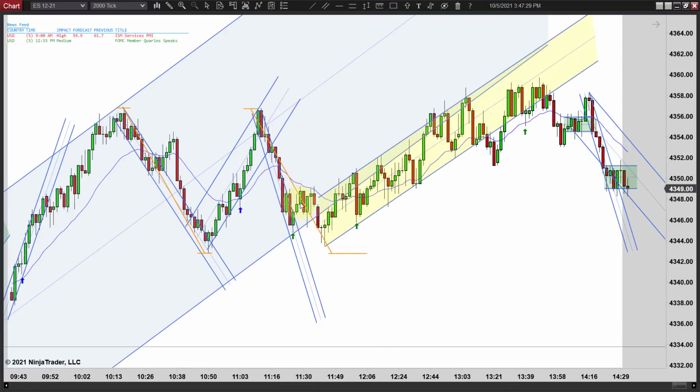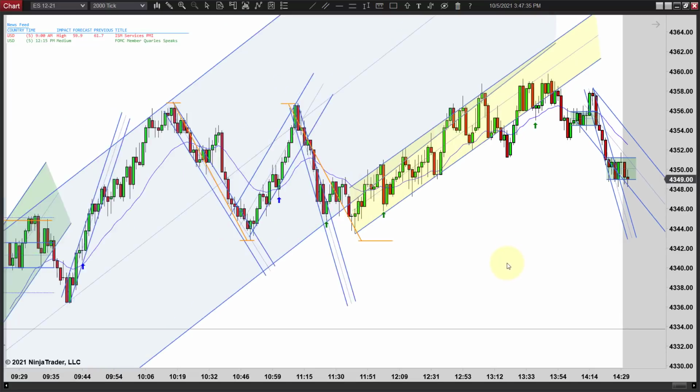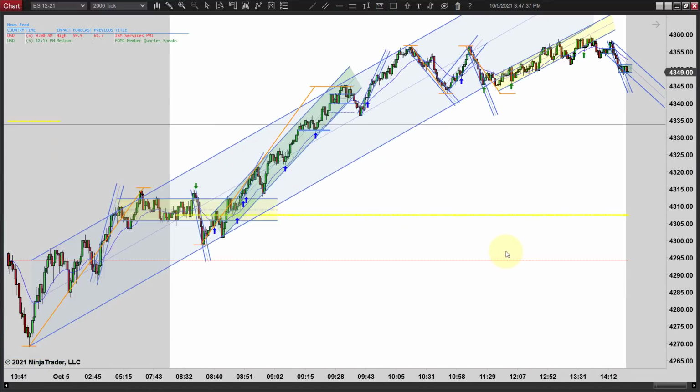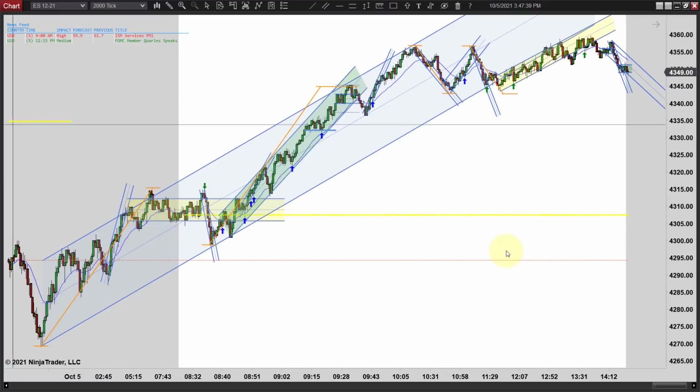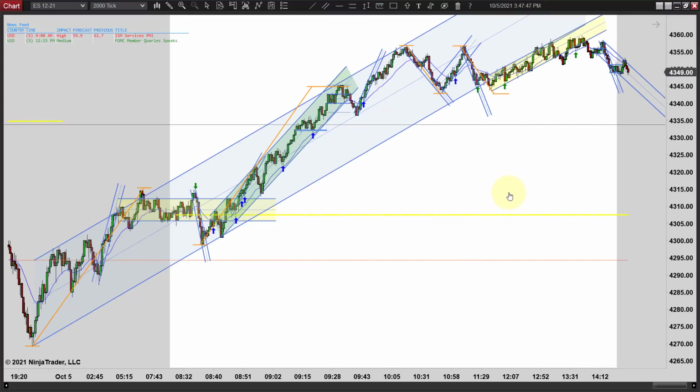Here we've been trending, actually we trended down into that, but the overall trend is up. So when it fails out the bottom, you look to get long. So you just trade congestion like a range, although you may not get as many setups as you would on a good range.